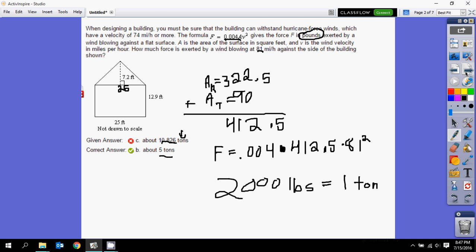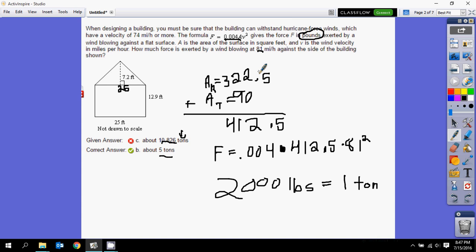For the next one here, basically, this word problem, you've got to find the area, okay? Now, I've got a rectangle and I've also got a triangle. So to find the area of the rectangle, remember you do length times width. That's a formula given to you on the SOL sheet. So I've got 25 times 12.9, that's how I got 322.5 feet squared.